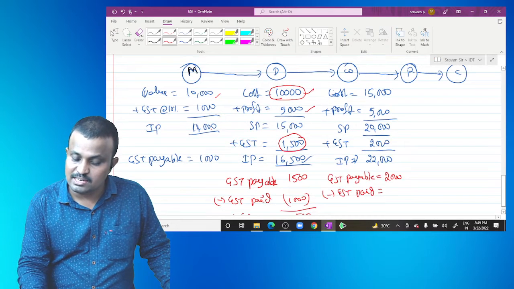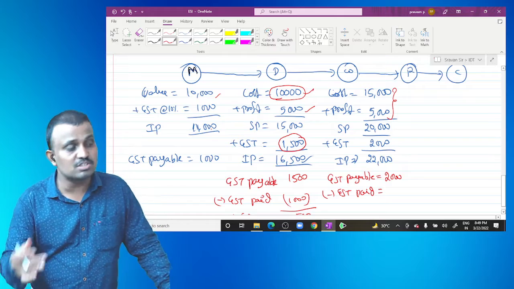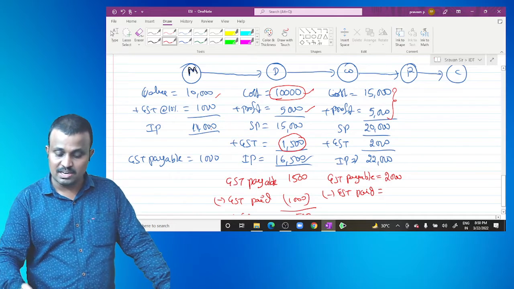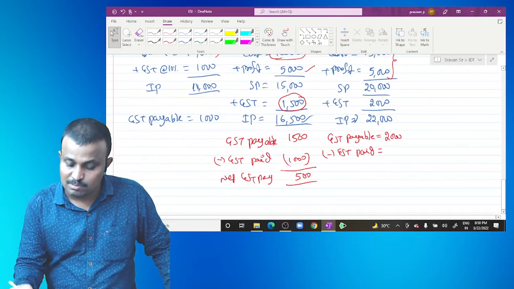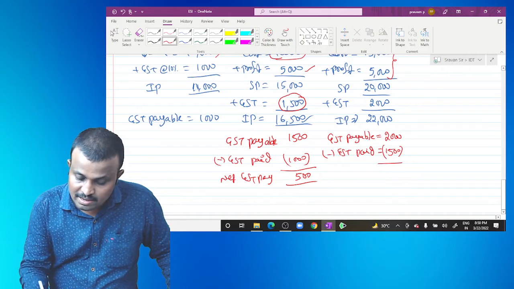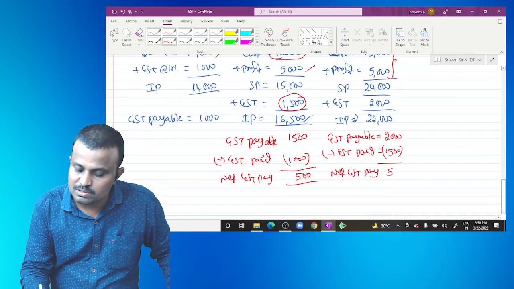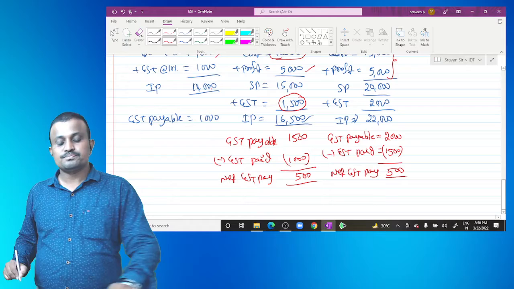This 2,000 is collected on these two elements, 15,000 and 5,000. On 15,000 he already paid at the time of purchase. So that's why we reduce that amount, 1,500, and the remaining net GST payable is equal to 500.